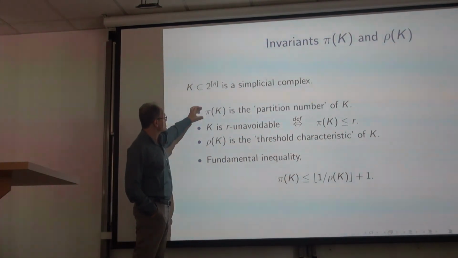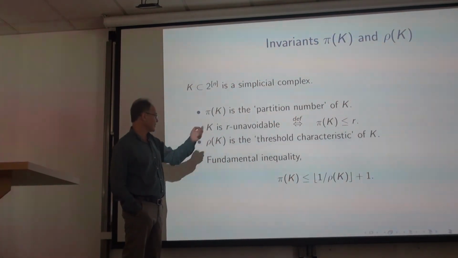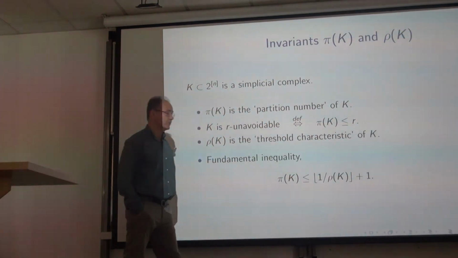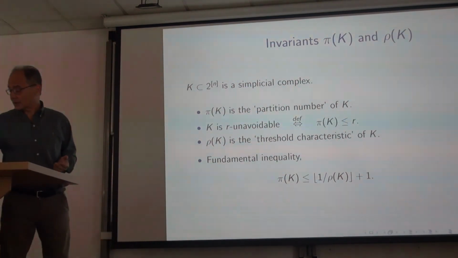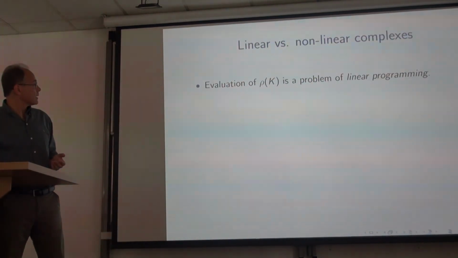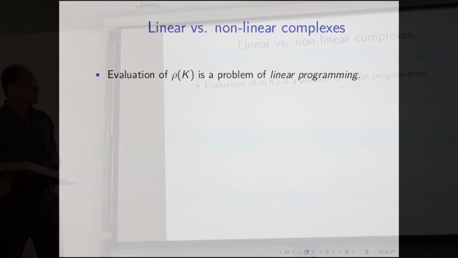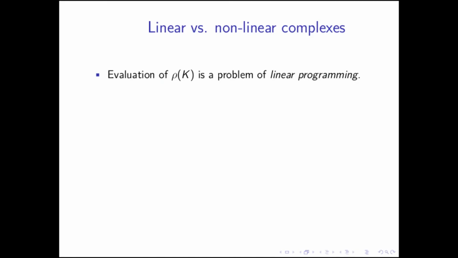We are usually interested in this approach in evaluating the partition number from above. And this is a fundamental inequality, which is really elementary, which is the pigeonhole principle in disguise. Computing the threshold invariant of a simplicial complex turns out to be a problem of linear programming.